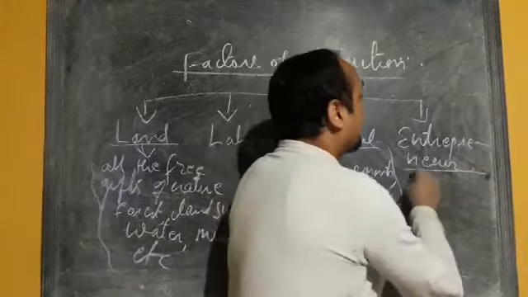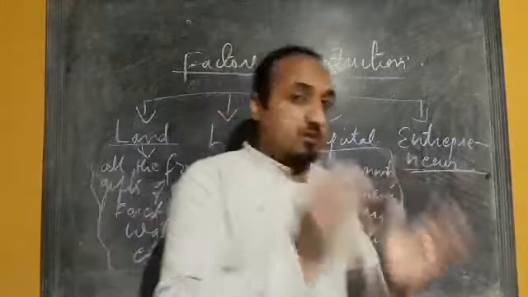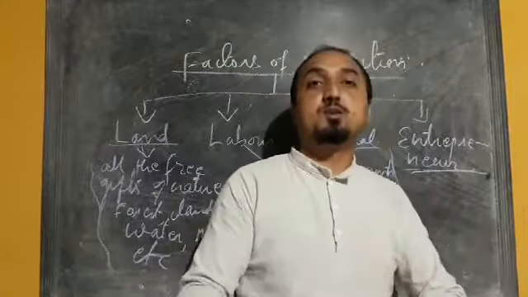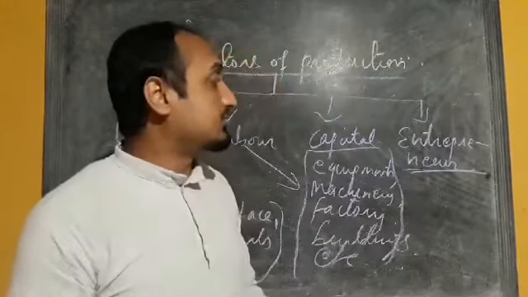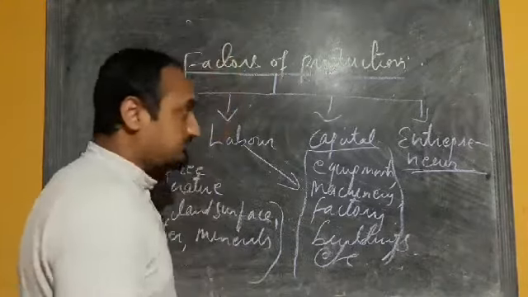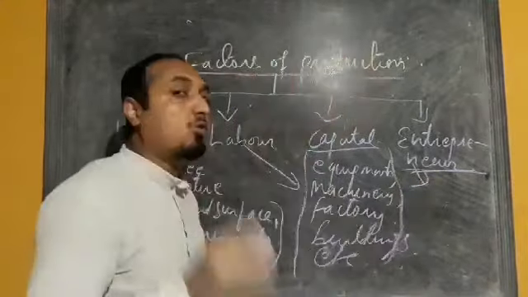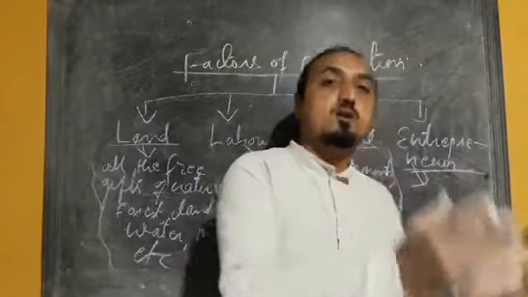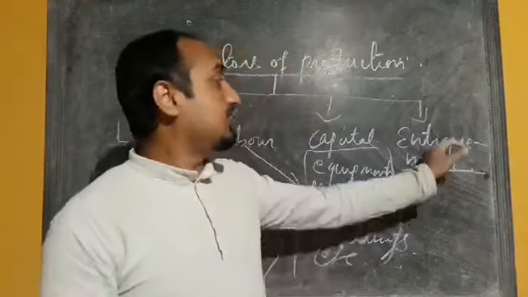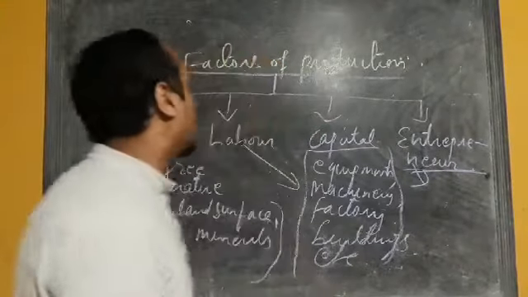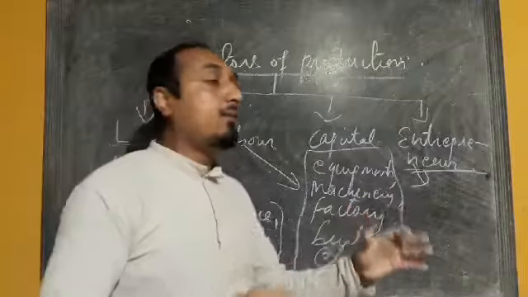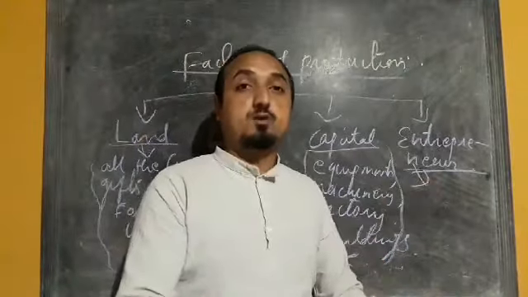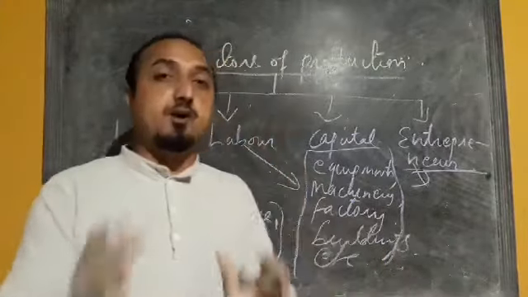Entrepreneur includes the owner, especially the owner of a factory or any organization. So these all are the different factors of production, and all of them are equally important in the process of production.